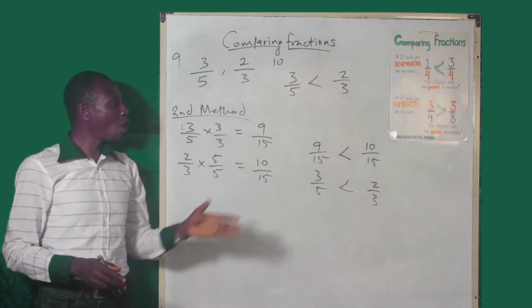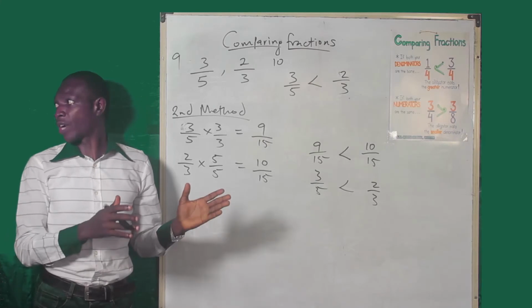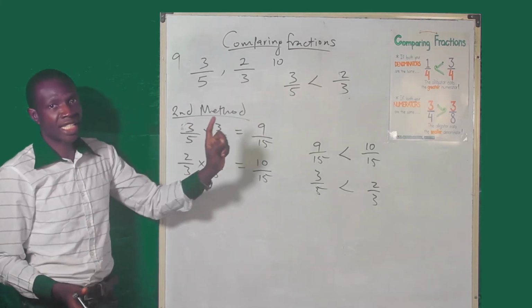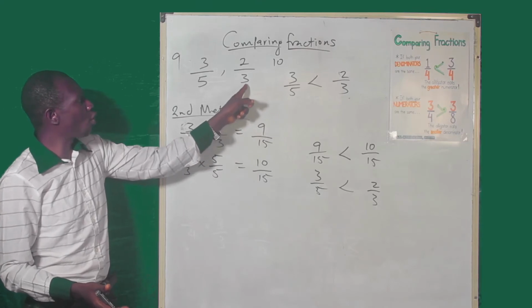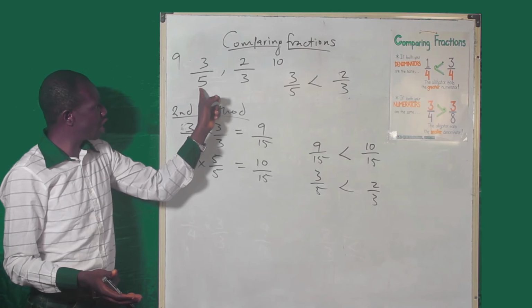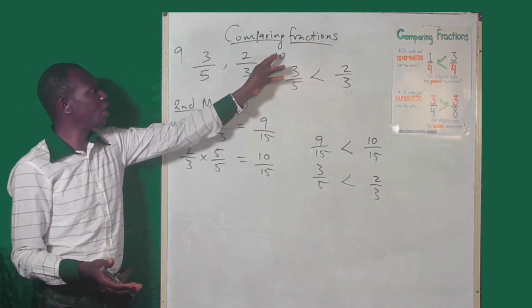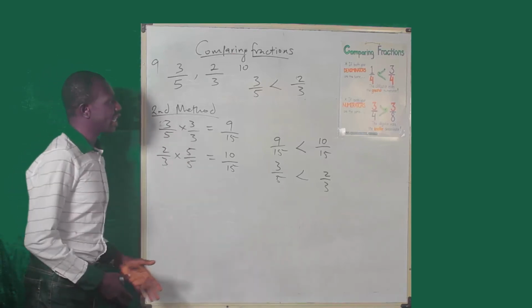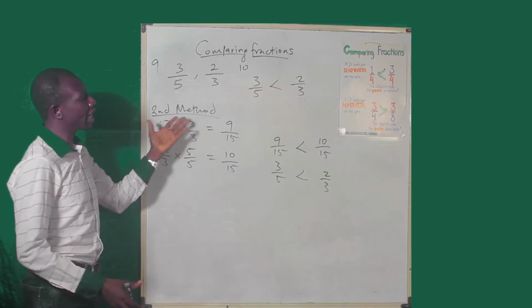So next time you come across a problem of fractions like this, all you need to do is either multiply the denominator of one with the numerator of the other one, and the denominator of the first one to the second one, then you look at which one is the bigger number. So you can see that it is easy to actually compare fractions.